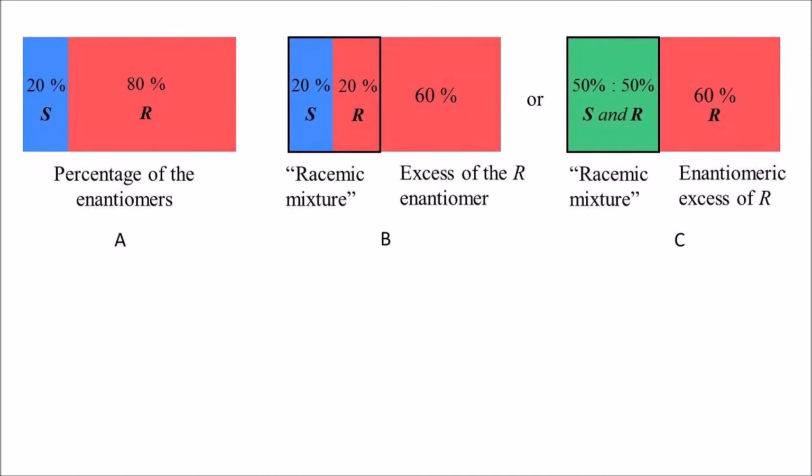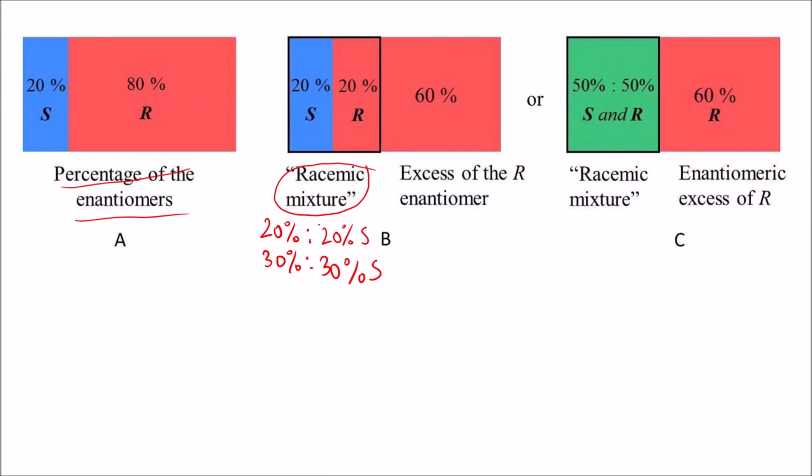And now let us try to understand. We saw just now that out of the total 100% there can be a percentage of enantiomers, and if the percentage of R and S enantiomer is equal, it can be 20% R and 20% S. It can also be 30% R and 30% S. It can be any composition, but the condition is that they should be equal.